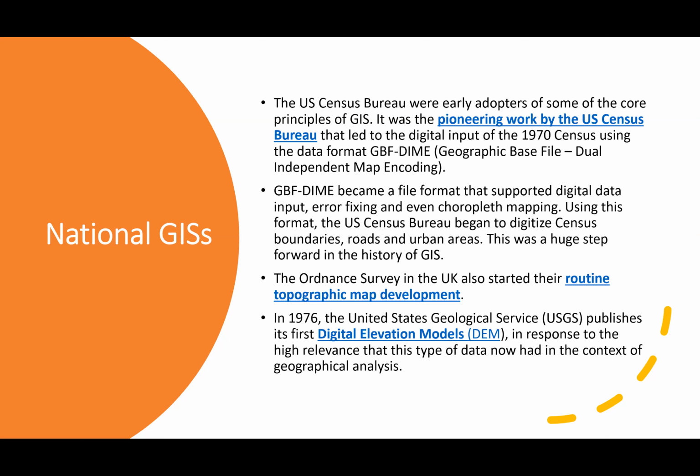Less important that you know that specific term, but more of, hey, we're going to start mapping social statistics using this available mapping system that's out there. And so this particular file format supported digital data input, error fixing, and even choropleth mapping. So again, pretty sophisticated at the time as a result of the creation of this file format.